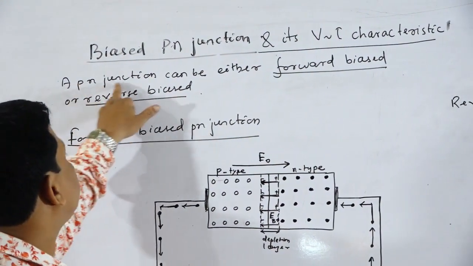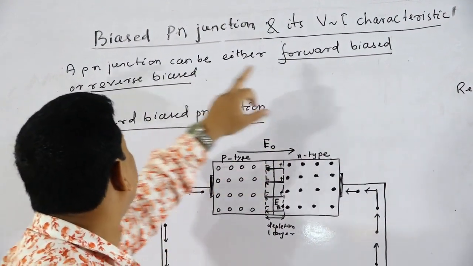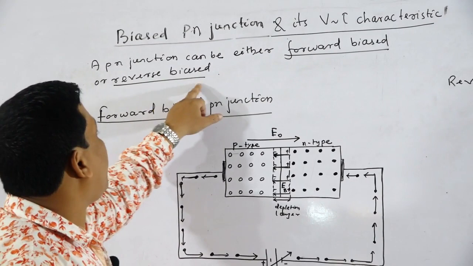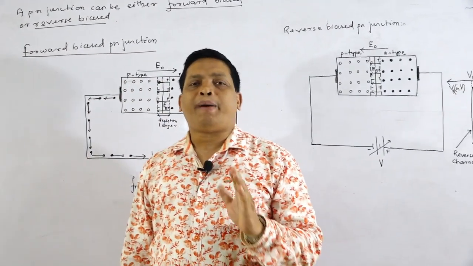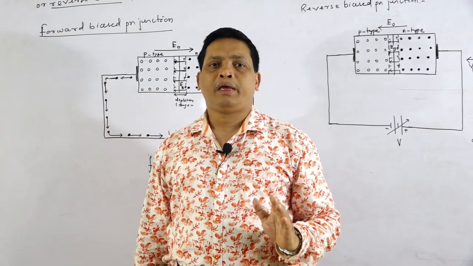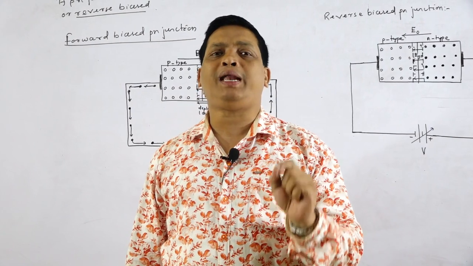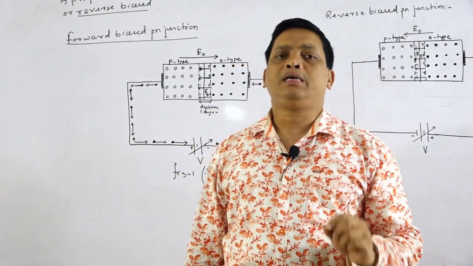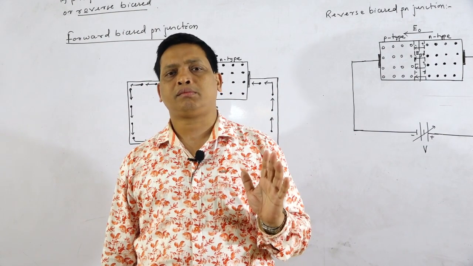A P.N. Junction can be either forward biased or reverse biased. What do you mean by a biased P.N. Junction? A P.N. Junction to which an external electric field has been applied is known as biased P.N. Junction.